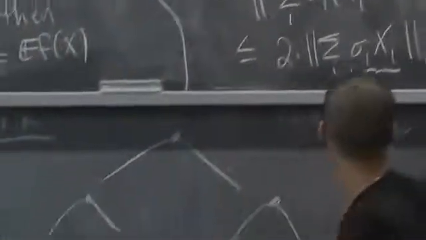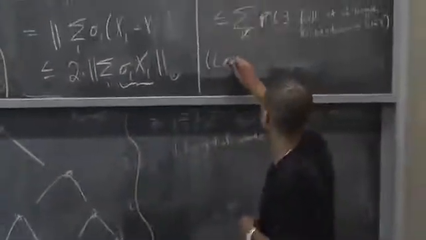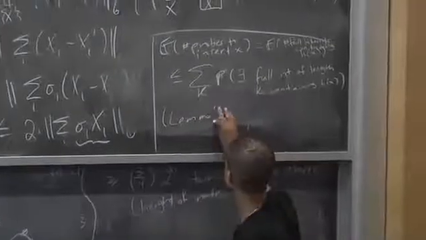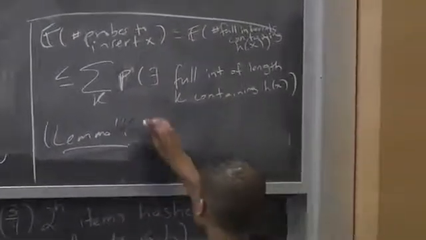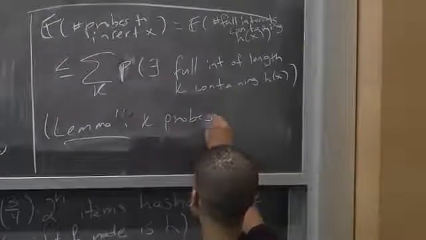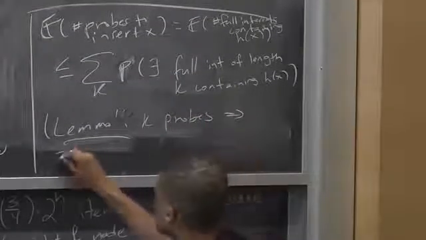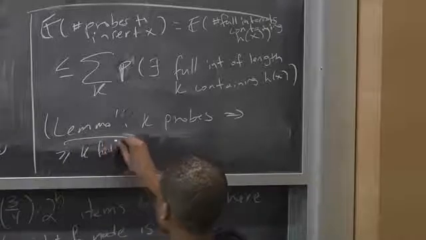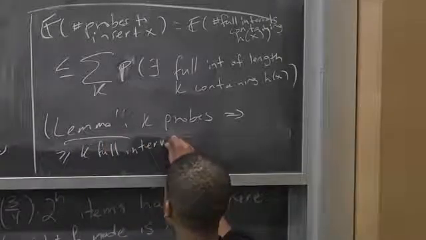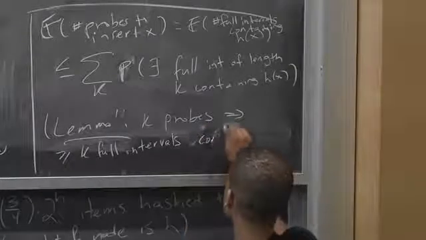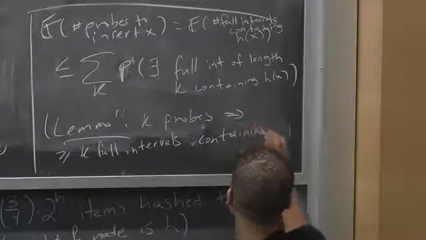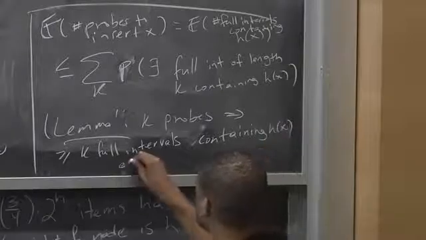So adjust the lemma to say that, lemma prime: k probes implies at least k full intervals containing h of x, each of different length.